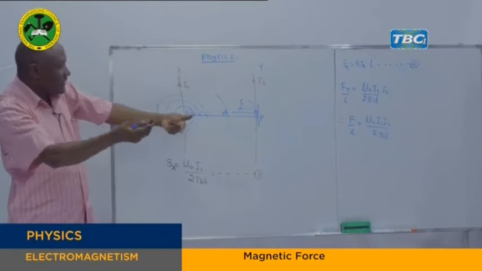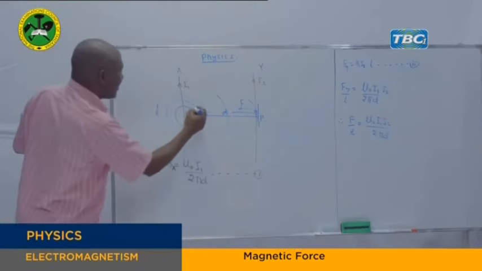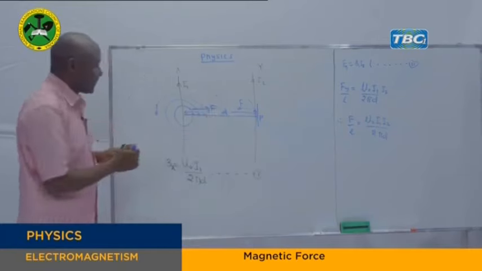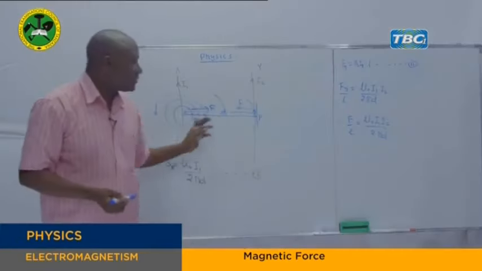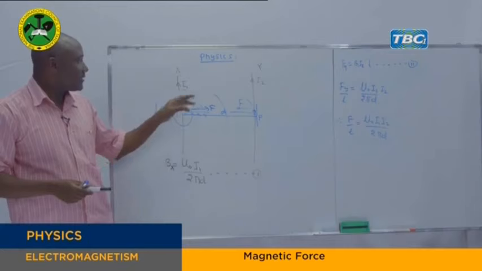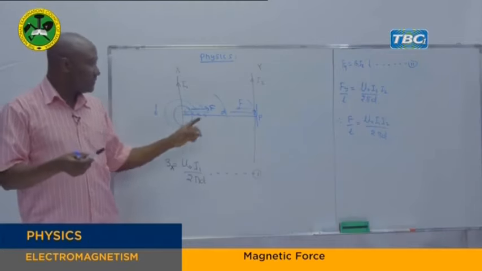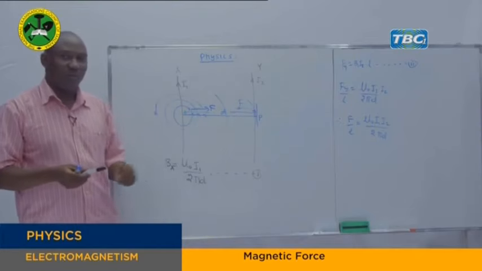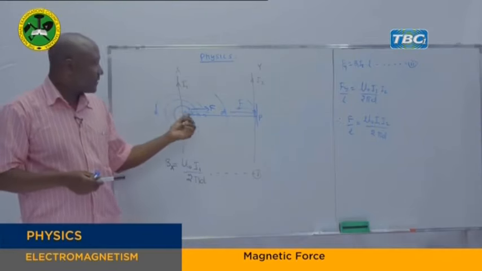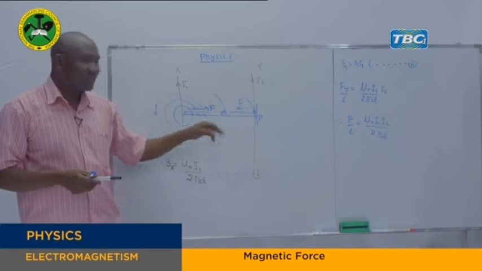So that is the direction of the force, and the force here will be acting there. You can see from these two diagrams of X and Y that there must be an attractive magnetic force between the two wires. So the conclusion is that similar wires attract each other.